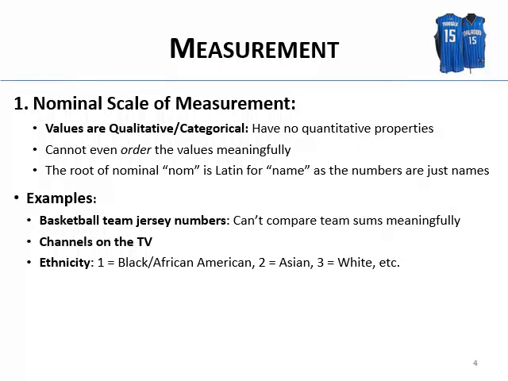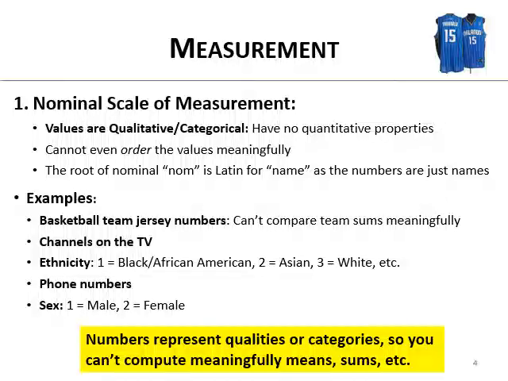In research, we have ethnicity as an example. You might use 1 to stand for Black, African American, 2 for Asian, 3 for white, etc. They're just numbers that represent the categories they're in. You can't do any sort of math with them. Phone numbers are like this. We talked about sex already. So the numbers represent qualities or categories.